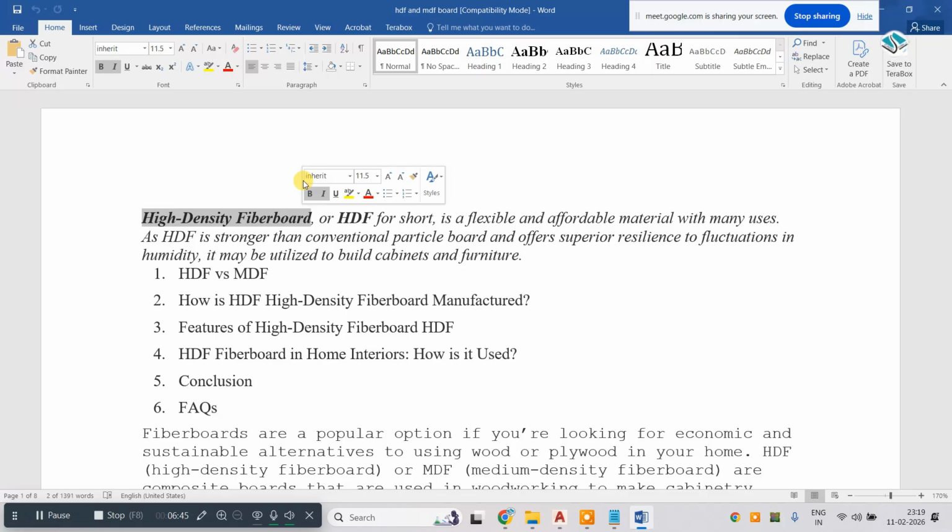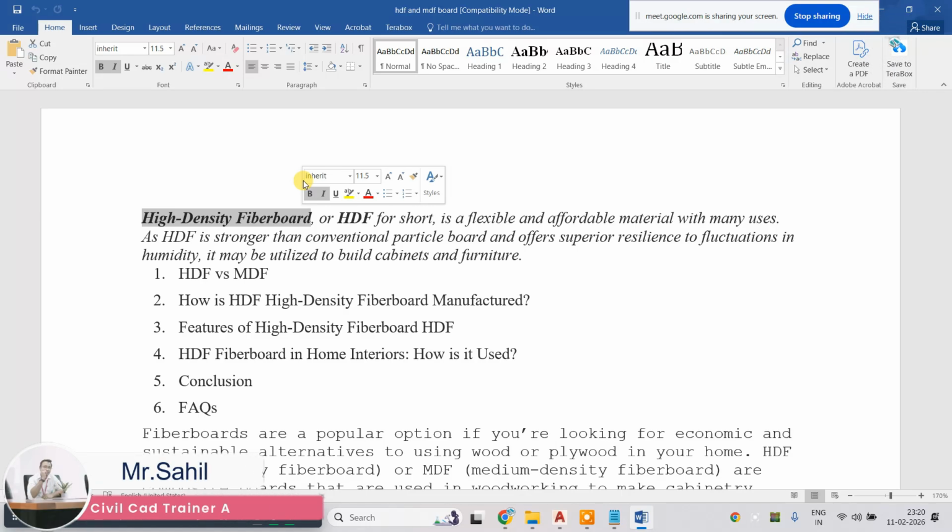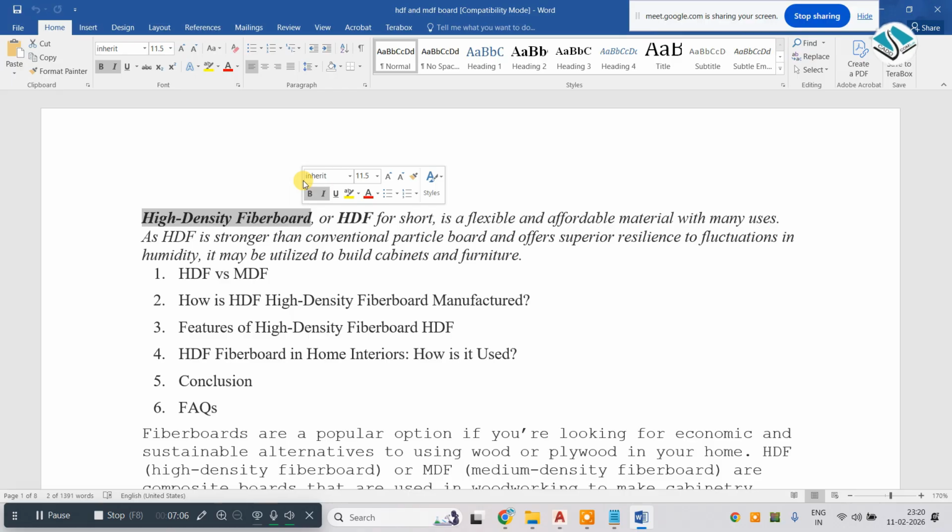HDF is stronger than conventional particle board. This is the second example. The first board is called HDF, the second board is called particle board. Stronger than conventional particle board, it offers superior resilience and functions in humidity. It may be utilized to build cabinets and furniture.